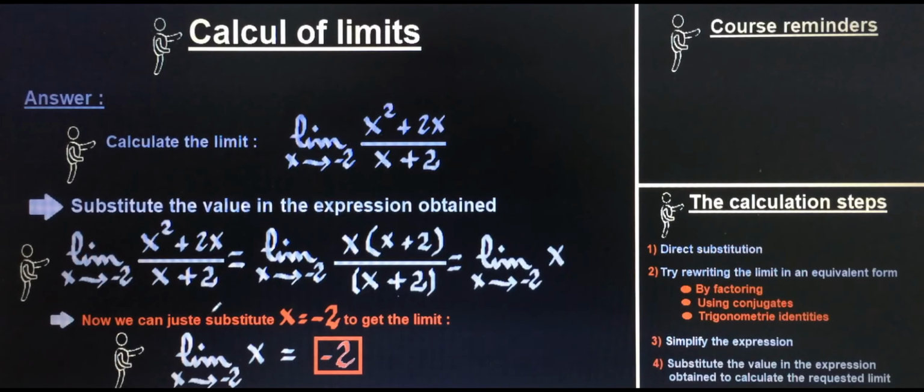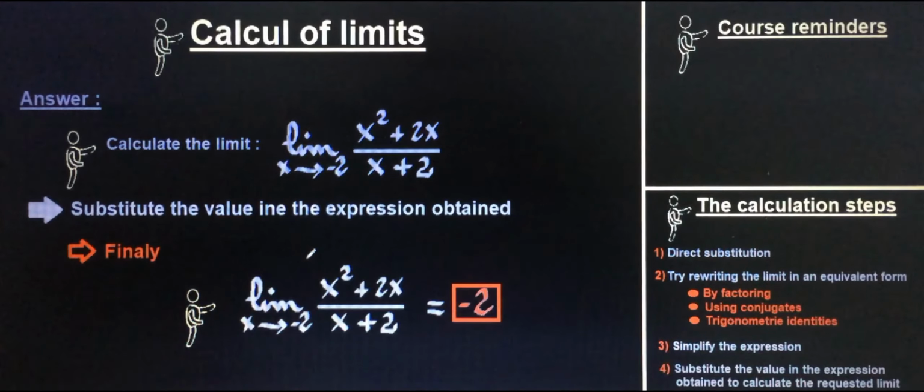So we can just substitute the value x equals minus 2 in the expression x to get the limit minus 2. Finally, the limit as x approaches minus 2 of the expression x squared plus 2x divided by x plus 2 is equal to minus 2.